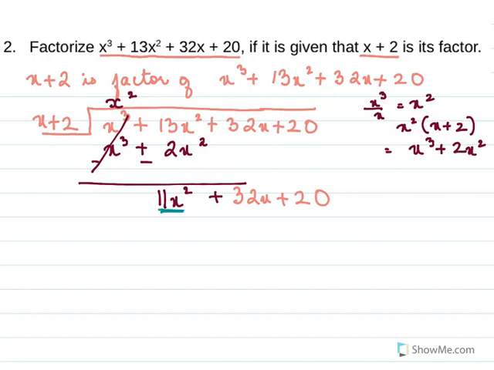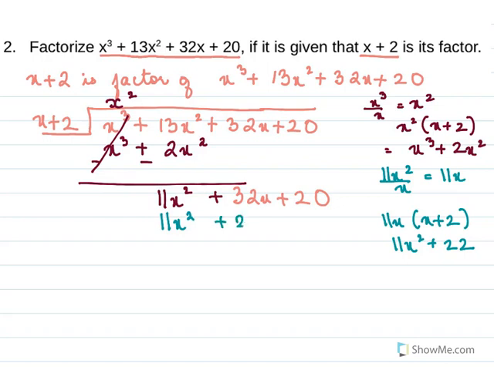Now we do the same process. We take 11x square and divide it by x, so you get 11x. Then you take 11x and multiply by x plus 2, so you'll get 11x square plus 22x. So we put here 11x square plus 22x.